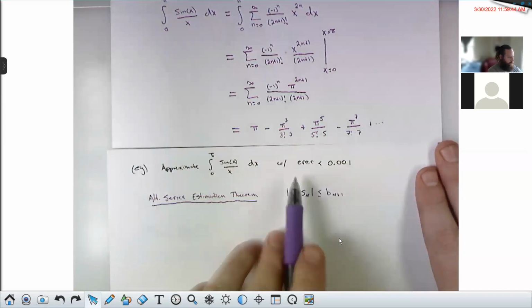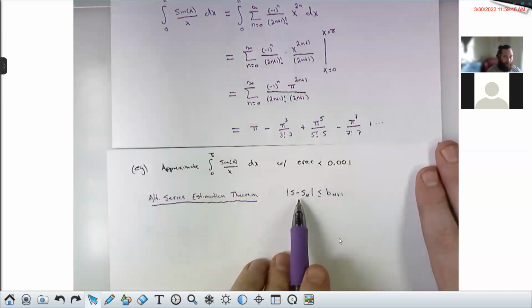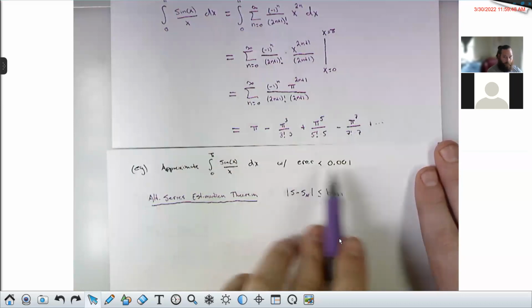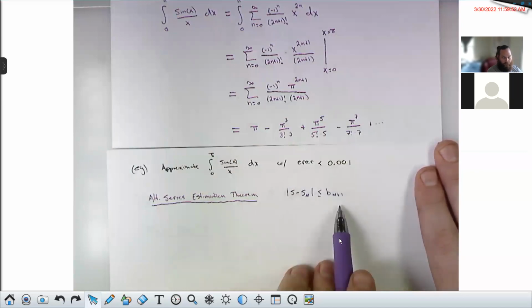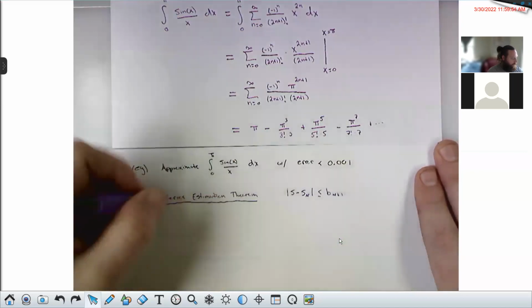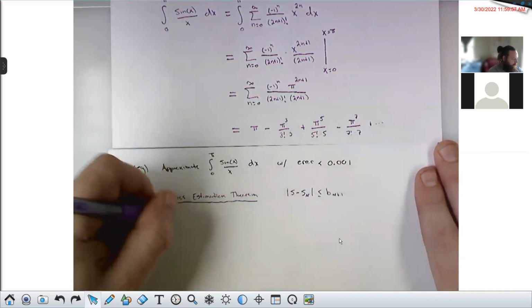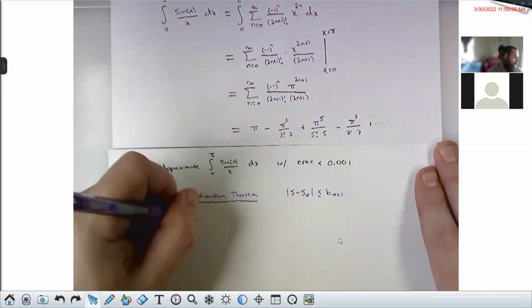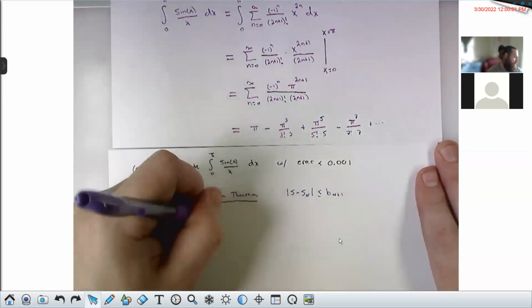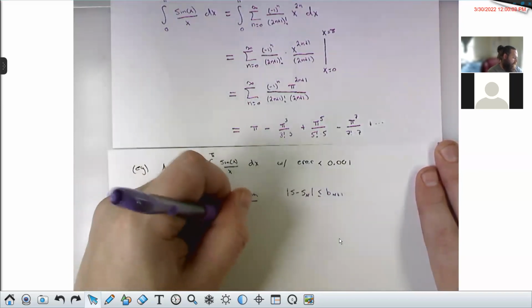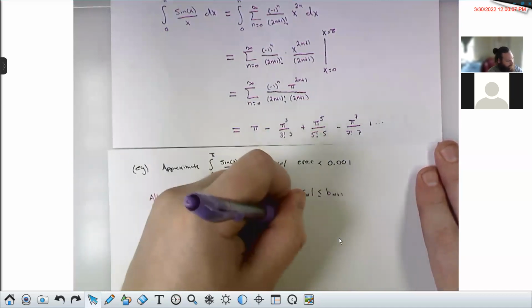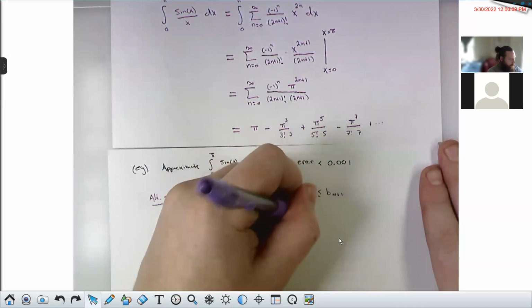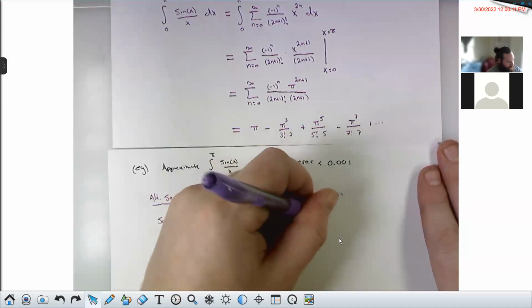So this thing is the error. If I want to make the error smaller than 0.001, I know the error is smaller than bn plus 1, so it suffices to solve the inequality bn plus 1 is less than this desired error, 0.001.